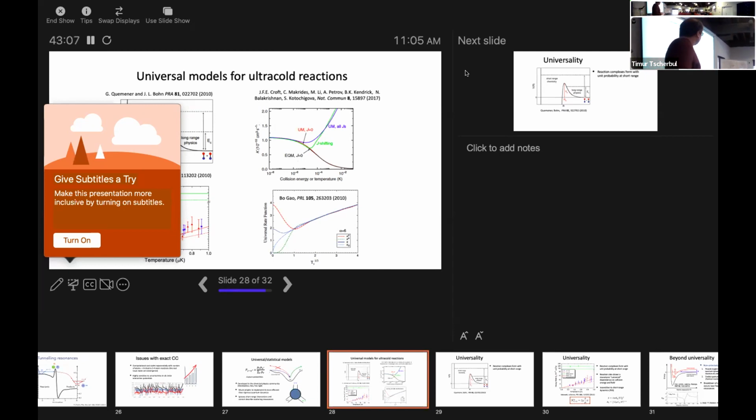Svetlana Kotochigova and Balakrishnan and Brian Kendrick went further and actually did exact quantum scattering calculations, coupled channel calculations that took them many years to do. And they saw very close agreement between the universal model rate, UN on the right-hand side of this plot, and exact quantum mechanics, the black line.